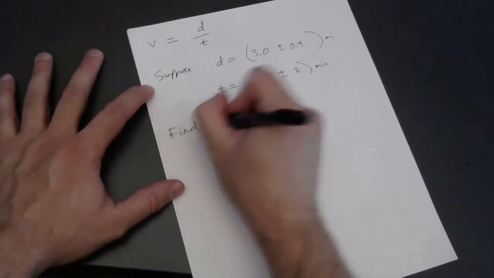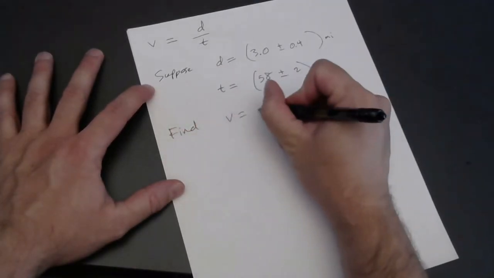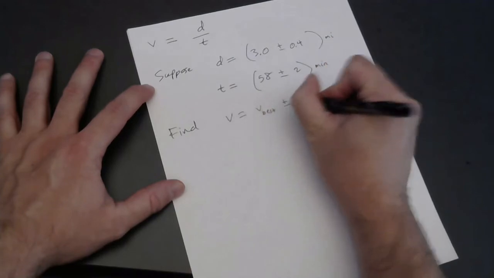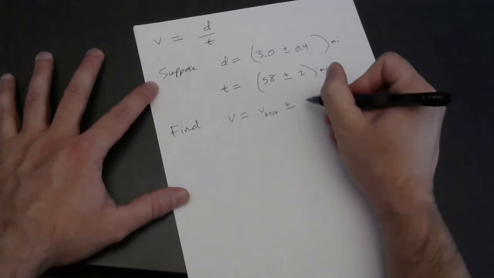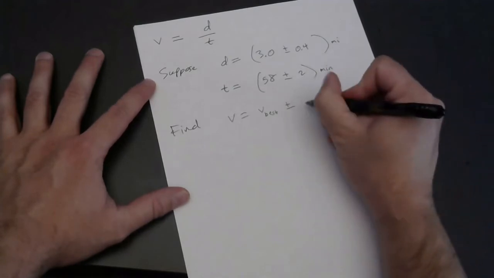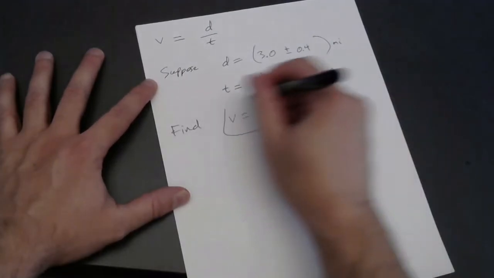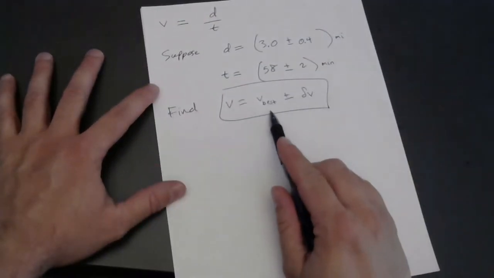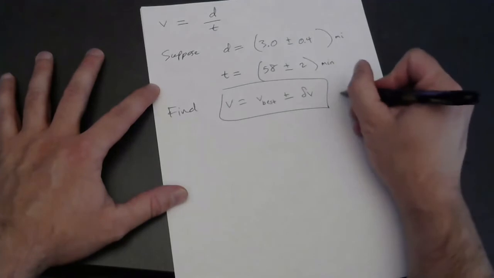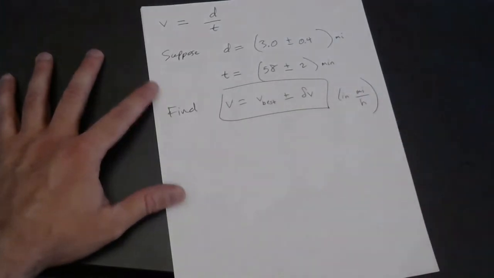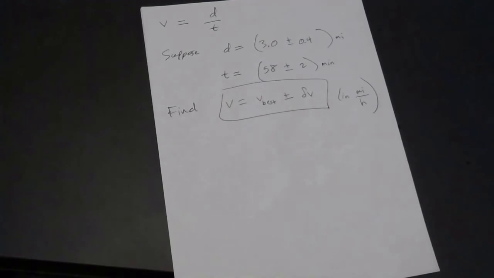We'd like to find the best estimate for the speed, and also a possible range of values, delta V. This is what we're interested in. We need to know this number and this number. And I'll say in miles per hour. A lot of times you see that written MPH, which is informal. It's a little clearer if you express it as a ratio of miles per hour.